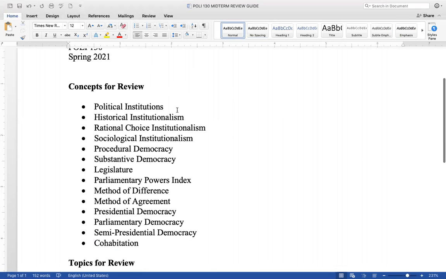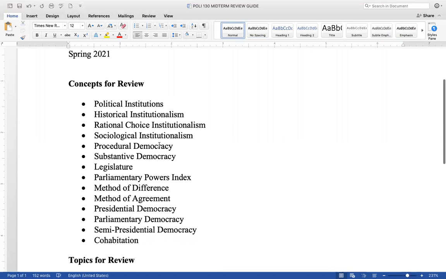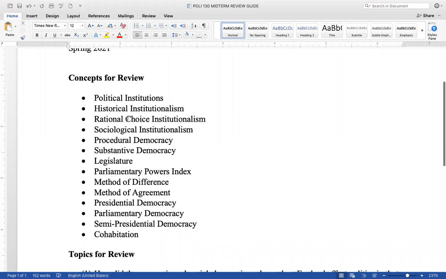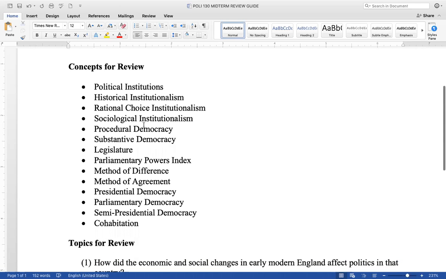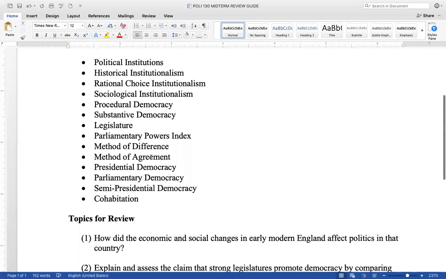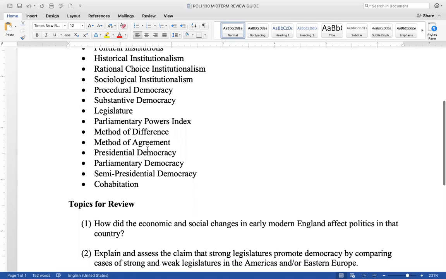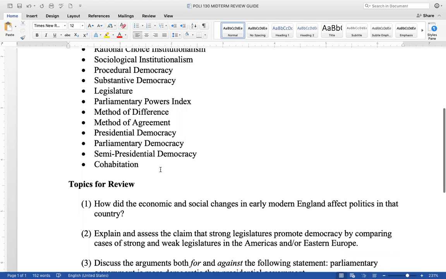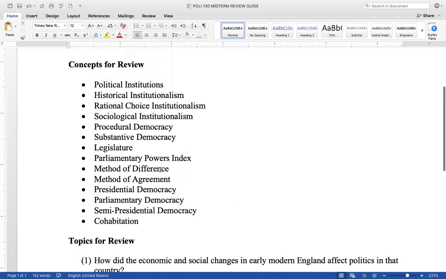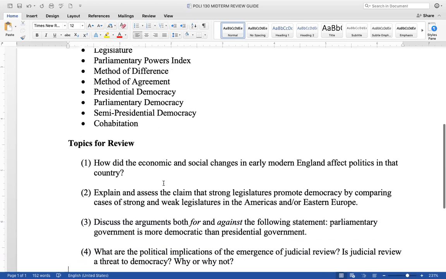I have concepts here from all of the different units so far, like political institutions, historical institutionalism, rational choice institutionalism, procedural democracy, legislature, parliamentary powers index, method of difference, method of agreement, and so on and so forth. Relatively straightforward. We also have topics for review.